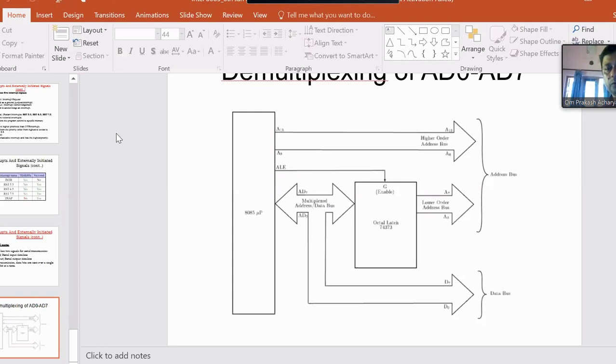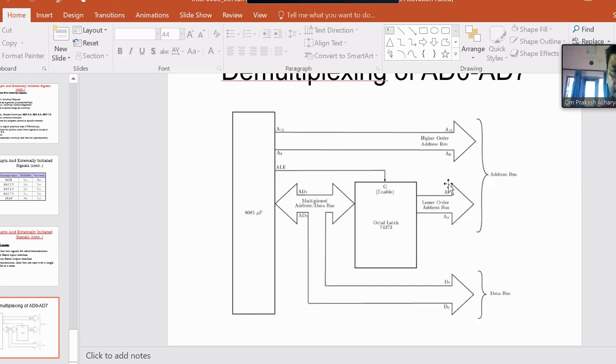Out of the 16 address lines, 8 address lines are time multiplexed as AD0 to AD7. Initially it acts as an address bus, because during the first clock cycle of any microprocessor initiated operation, identification is required. So you have to fetch that location, and for that you use the address bus. That is why A0 to A7 act as address.